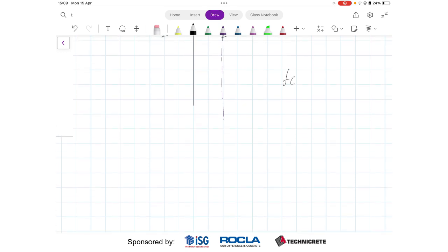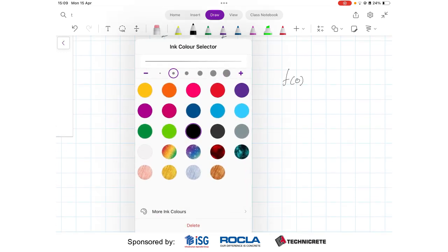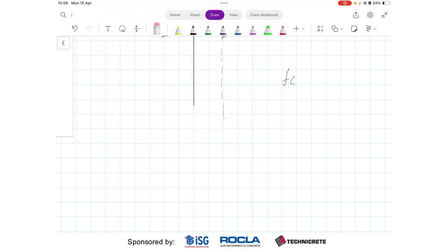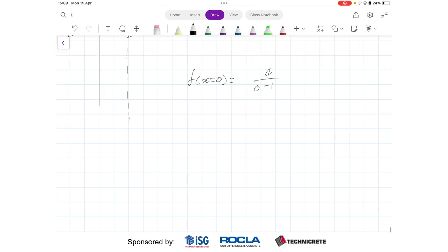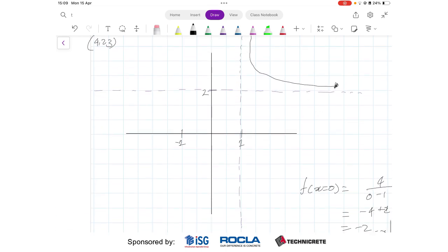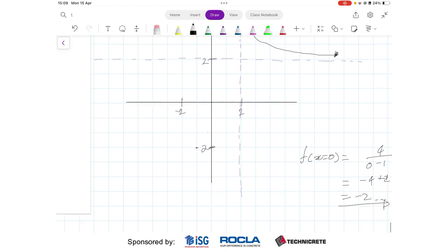This tells me that f at x equals 0 will be given by 4 over 0 minus 1 plus 2, which is going to be minus 4 plus 2 equals minus 2. So meaning our y-intercept will be minus 2. That tells you that your graph needs to pass through these 2 points.